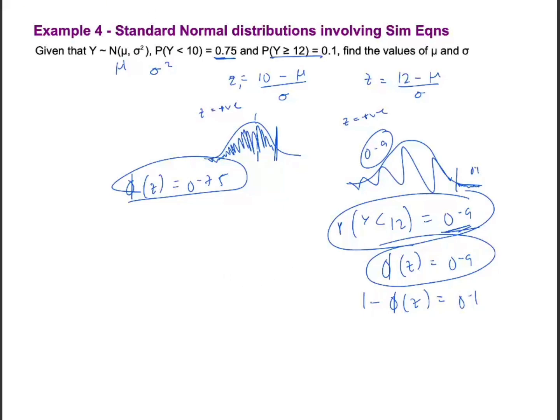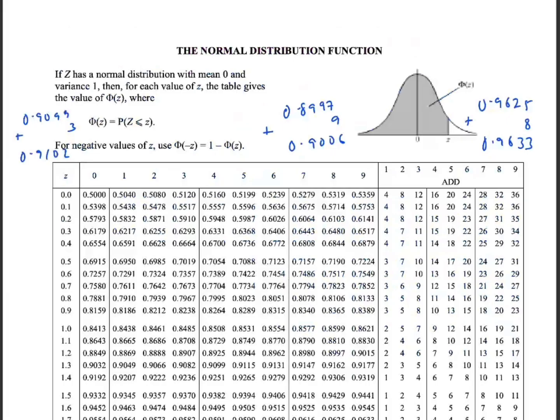So we go back into our table and we see what z value gives us a probability of 0.75 and what z value gives us a probability of 0.9. When we're looking for 0.75 in the probability side of our table, we see that it's going to be between these two.